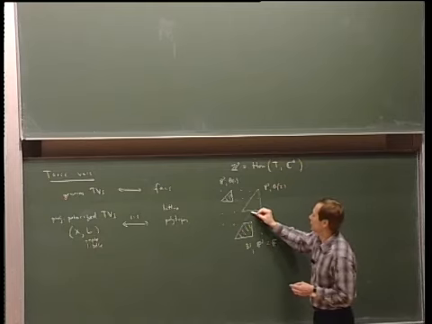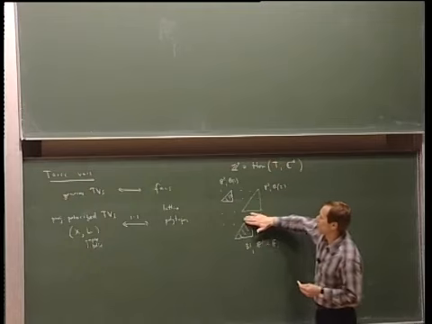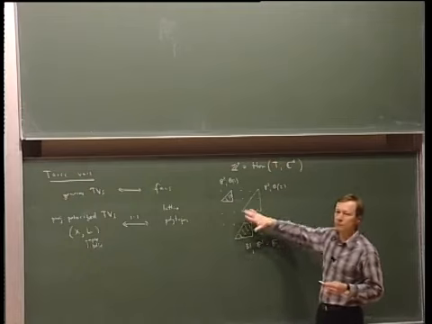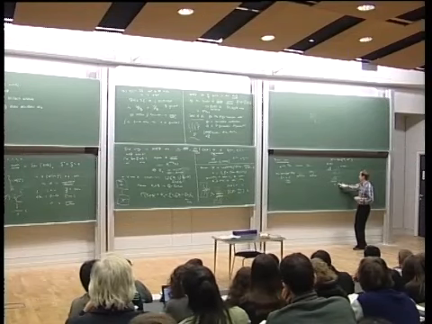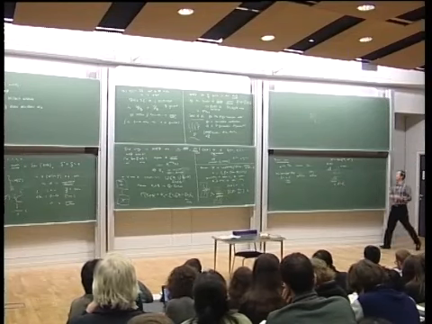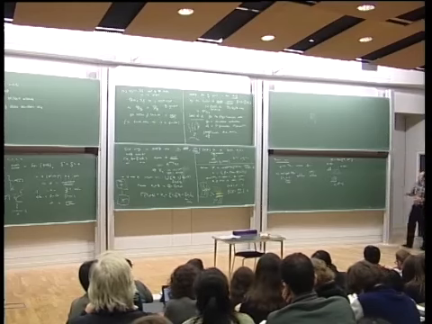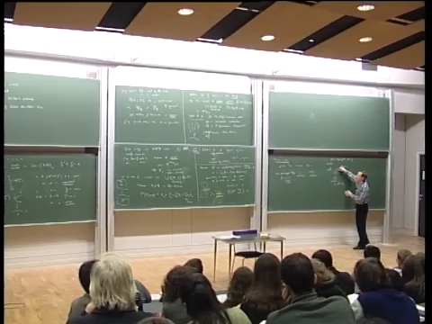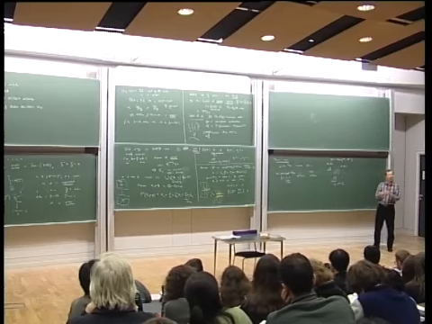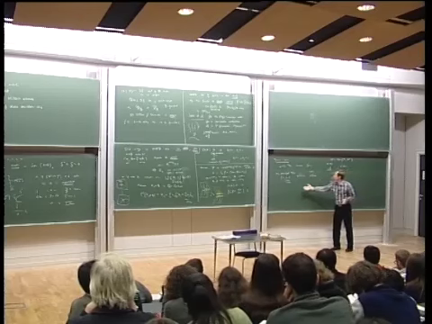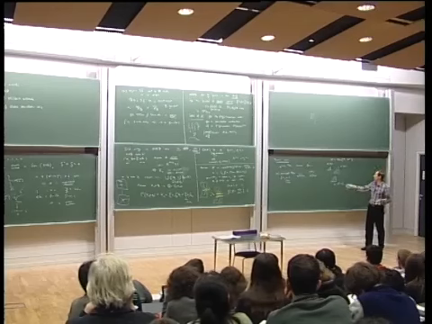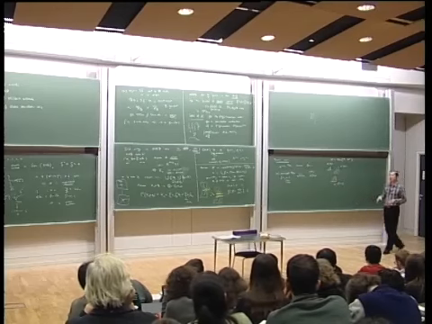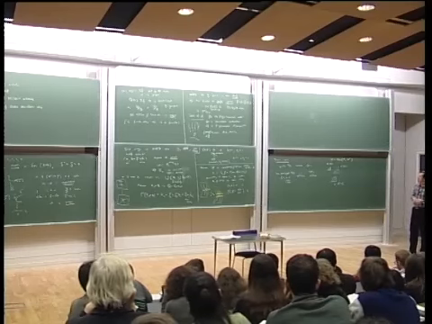This was the original P2, and now it's a blow up. So there is this little dictionary between toric geometry and combinatorics of polytopes. So anything about polarized toric varieties is just some combinatorial statement.